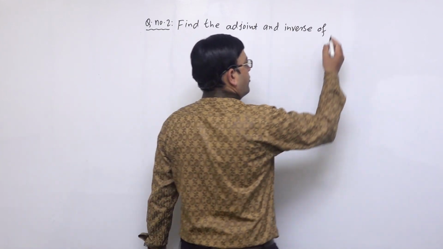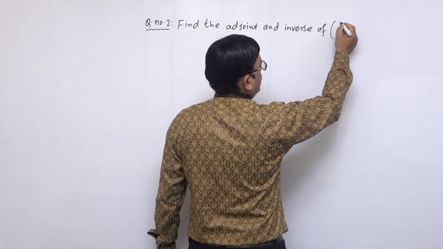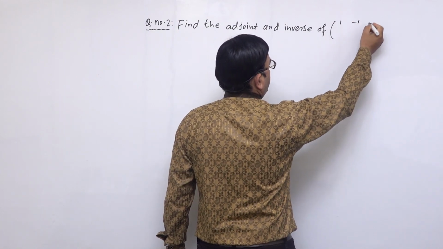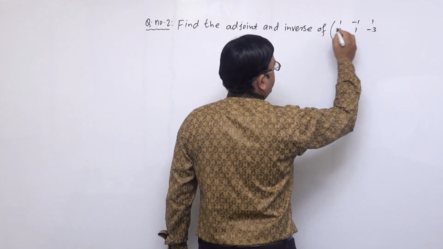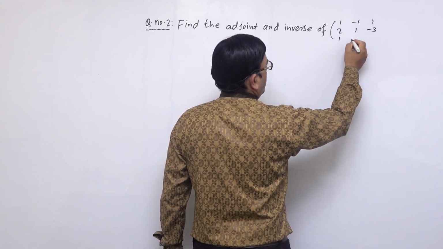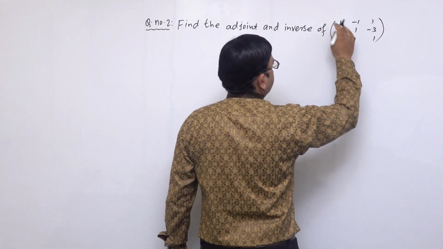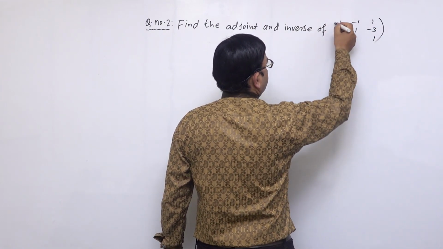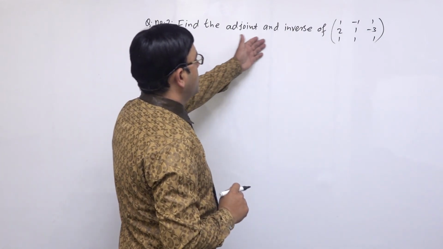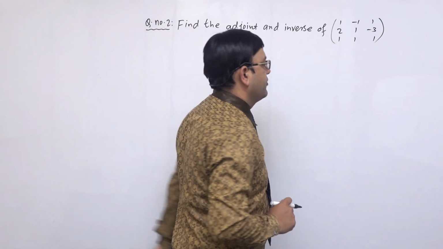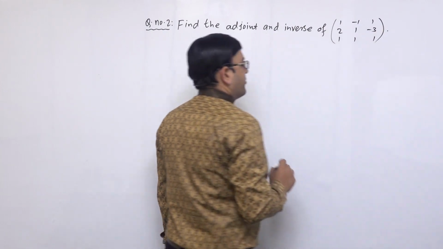We can give a 3 by 3 matrix. Suppose 1, minus 1, 1, then 2, 1, minus 3, and then 1, 1, 1. Find the adjoint and inverse of this matrix. This is our question. How can we solve?